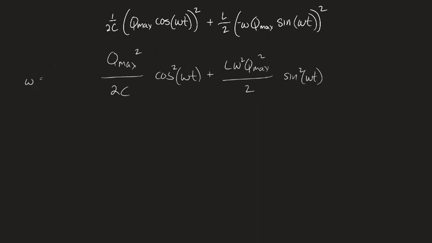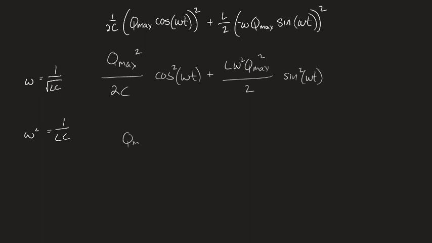Omega is 1 over the root of LC, which means omega squared is just 1 over LC. Try plugging that in. I told you, everything you needed was on that page.